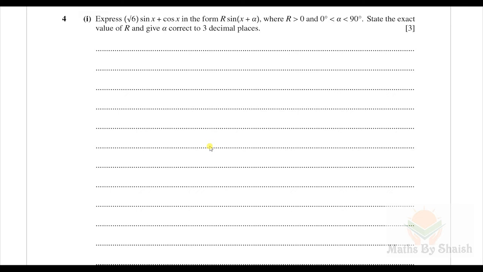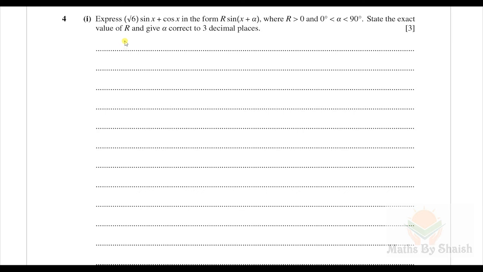Express root 6 sin x plus cos x in the form r sin(x plus alpha), where r is greater than 0 and alpha is between 0 and 90 degrees. State the exact value of r and give alpha correct to 3 decimal places.